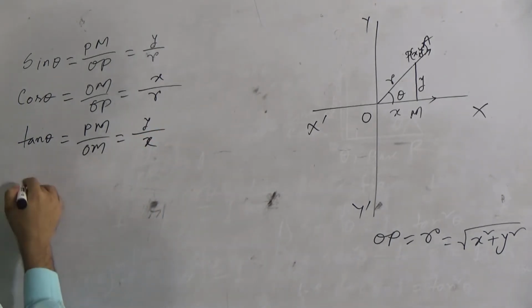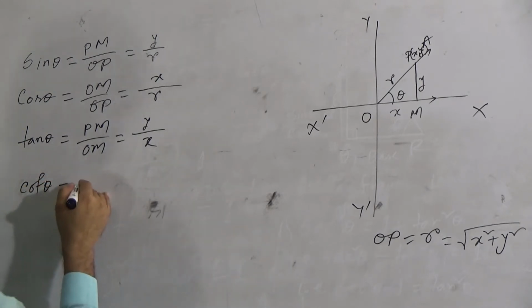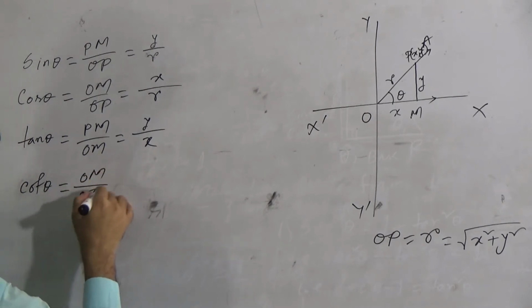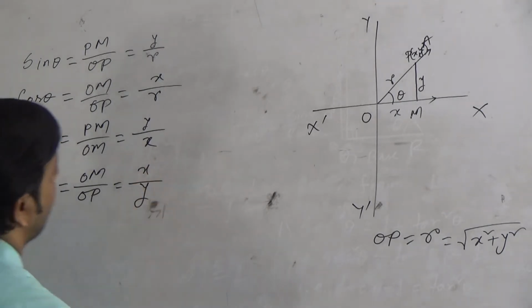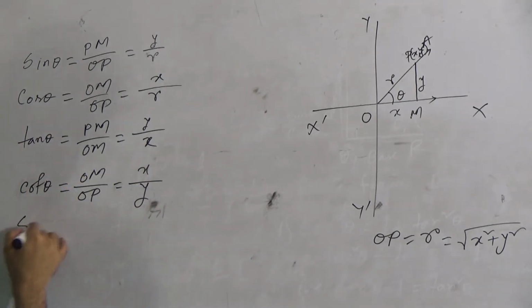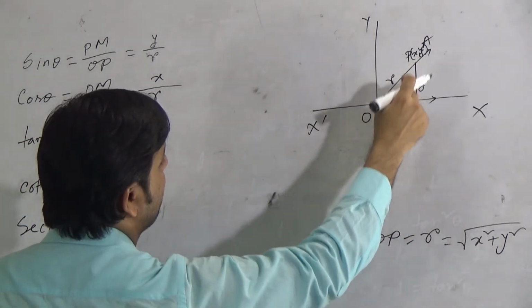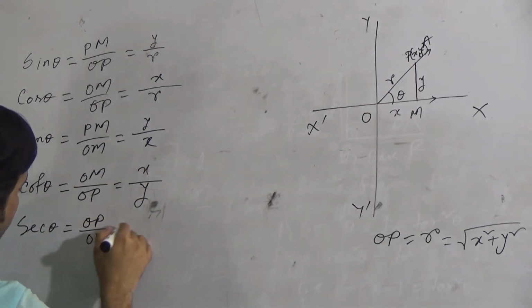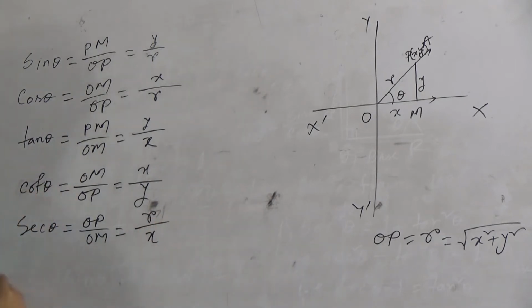Cot theta equal to OM by PM, that is equal to x by y. Sec theta is equal to OP by OM, that is equal to r by x.